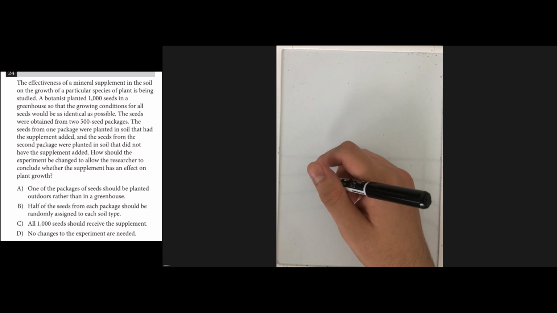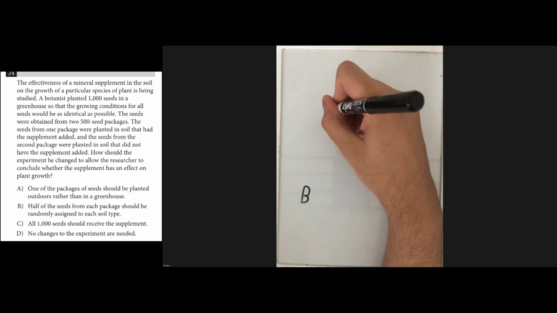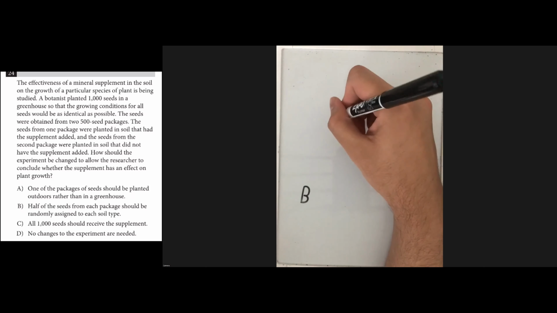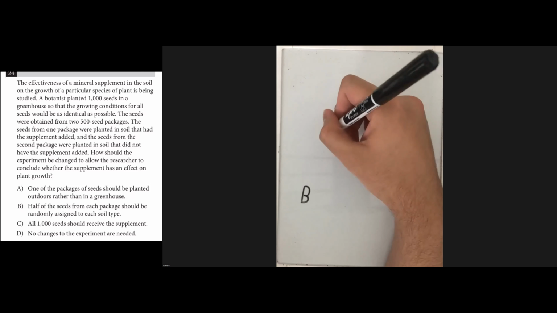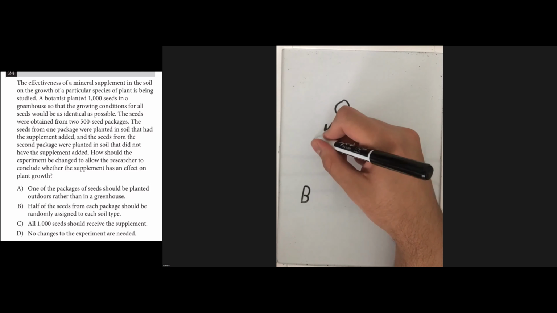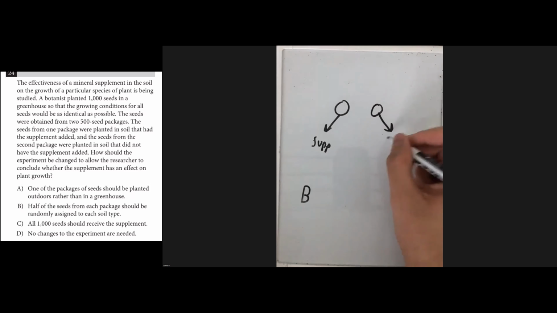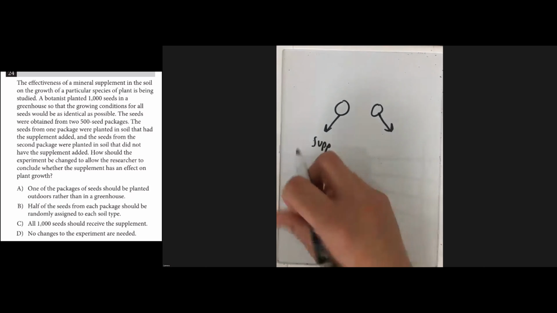And the reason why is that what she did is she took one packet of the seeds and used that for the land with the supplement, and she used the other packet of seeds as the control, so the one without the supplement. The problem with this is that nowhere in the question does it say that the seed packets were identical.